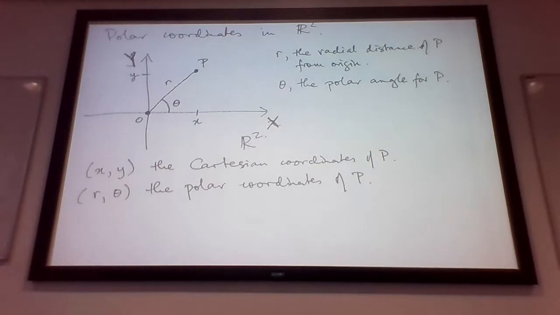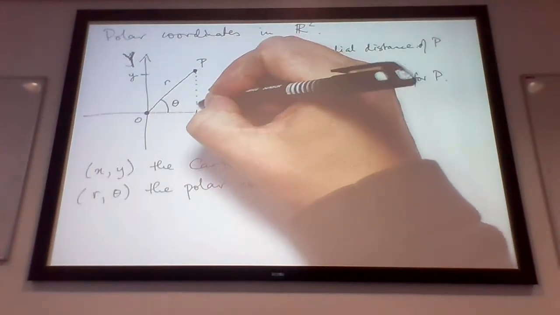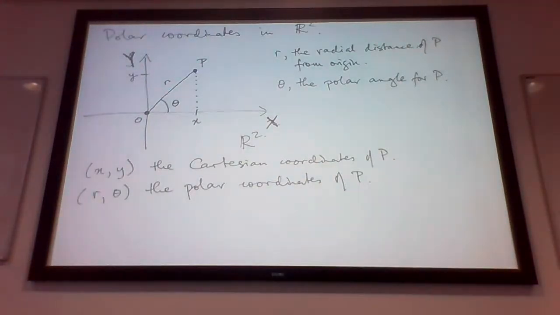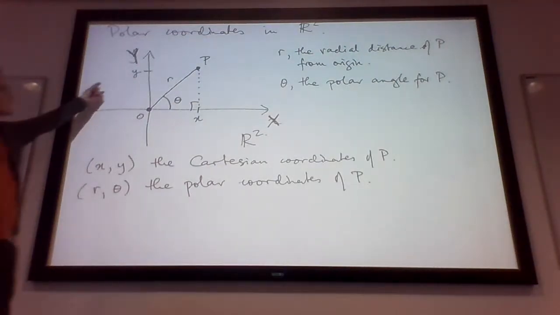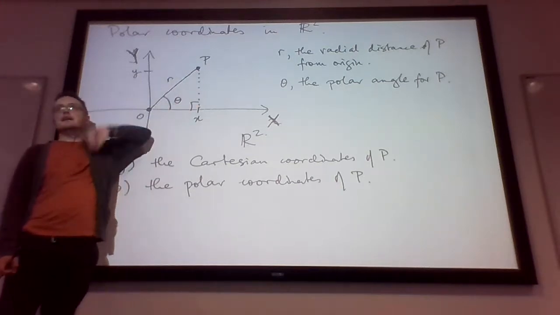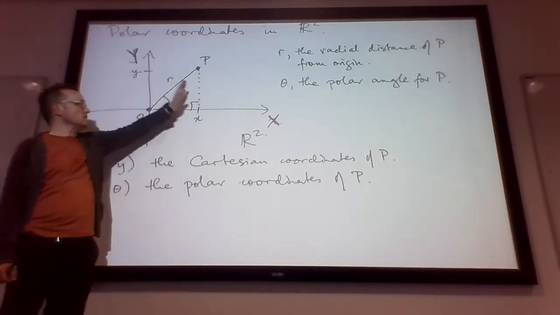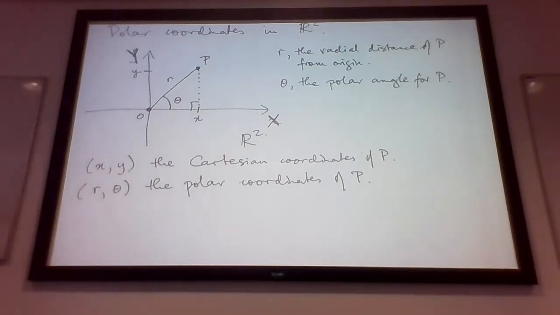There's a very clear functional relationship that you can write down between these two systems of coordinates, and you can extract it from the right angle triangle that's formed here, with the radius line r as the hypotenuse, and the x and y coordinates giving you the lengths of the adjacent and opposite sides to the angle theta.